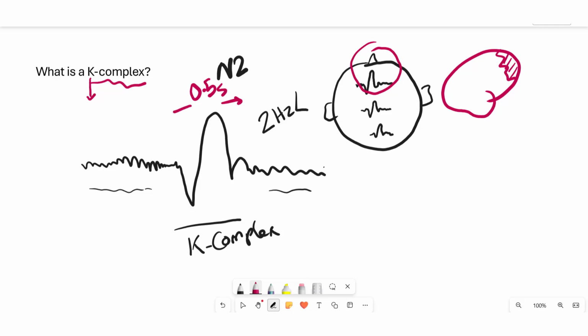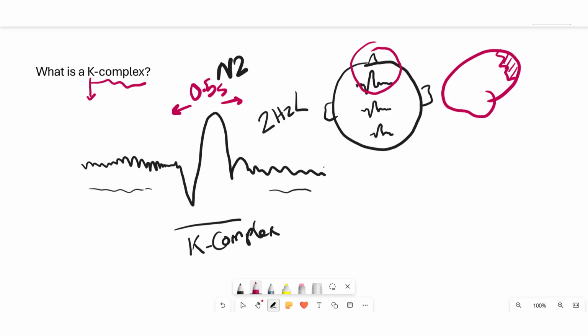And again, it appears largest in the frontal areas. It has a very sharp shape, and it clearly stands out from the background activity. So overall, a K-complex is a sharp negative wave that is immediately followed by a positive wave, lasts about half a second, and it shows its maximum amplitude in the frontal electrodes.